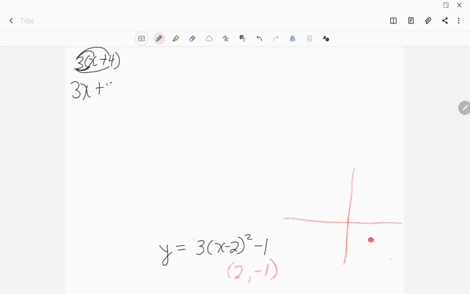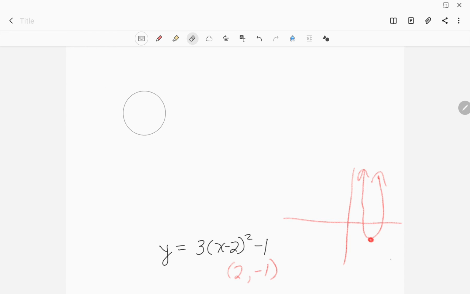The 3 is positive, which means it's opening upward, but it's a 3, which means it's 3 times skinnier, so this is a bad parabola, I apologize, but it's very skinny. Again, that's just a rough sketch. I put the vertex in the right place, but other than that, all right.